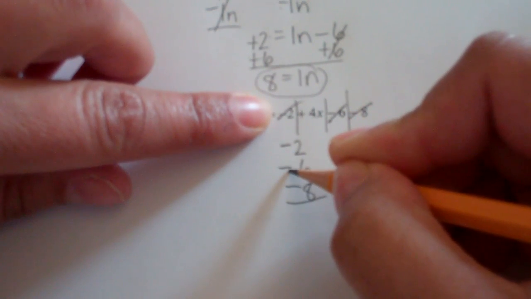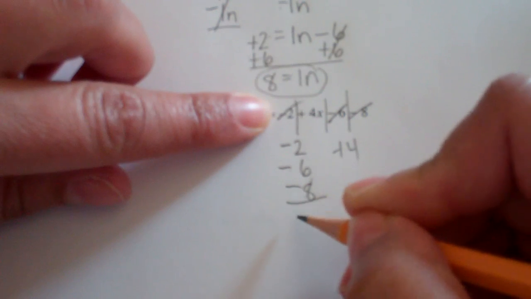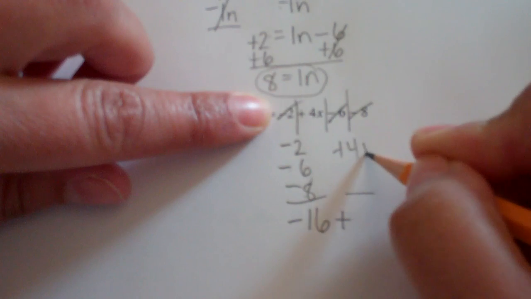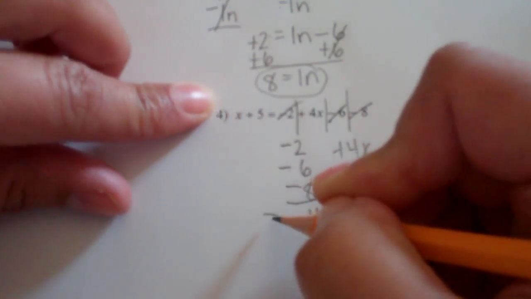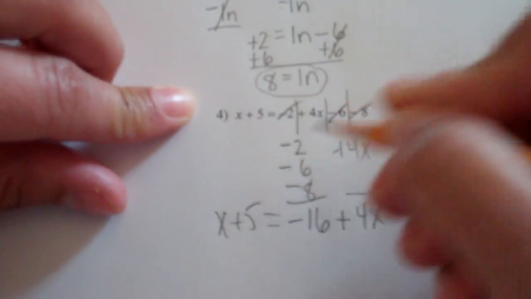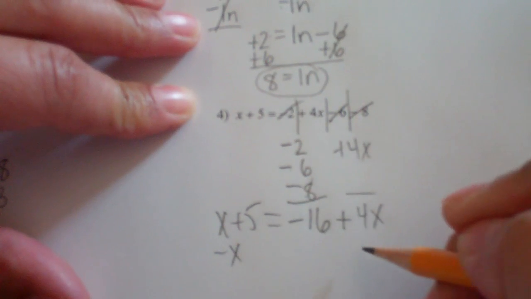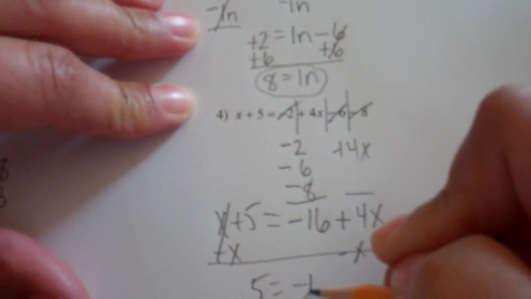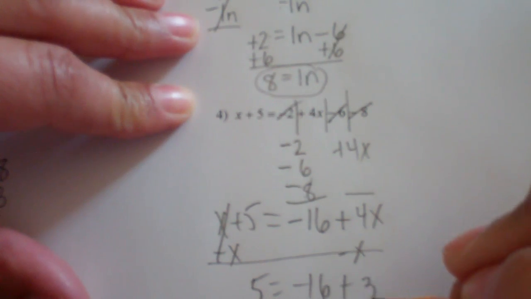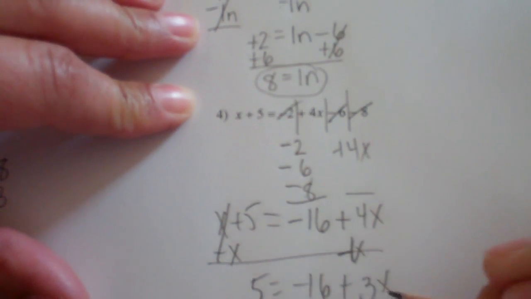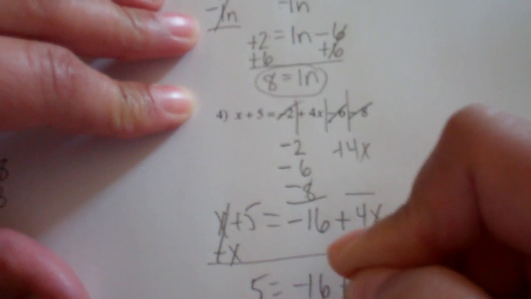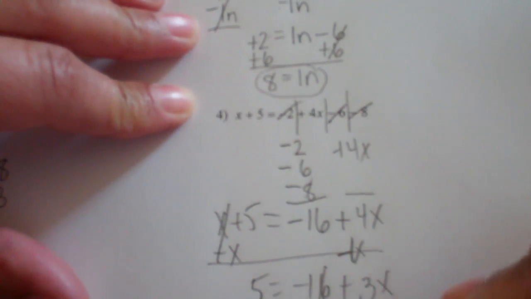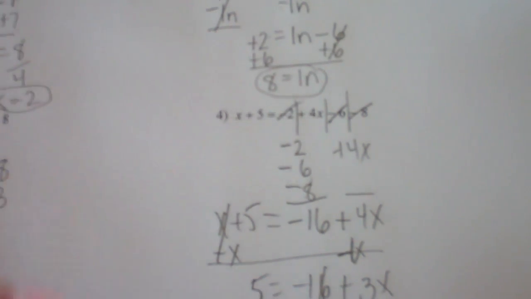Negative 2 minus 6 is going to be negative 8, minus another 8 gives us negative 16, and then plus 4x equals x plus 5. Going to have to almost rush a little bit here because we're going to have students coming in. 5 equals negative 16 plus 3x, because this was minus 1x, plus 16 plus 16, and we're going to get 21 equals 3x, x equals 7 by division.